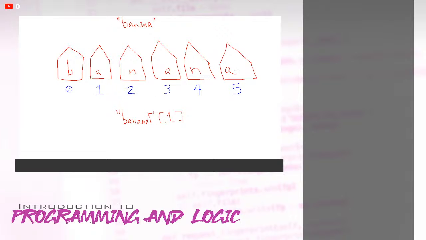Remember that when we're working with a variable, all that's doing is going back to the variable, getting the data out of it, and pulling it back. Right? So when we look at this, we're essentially saying, let's find who lives in house number 1, or the house at the number 1 address, which is here. So if we evaluated this in our program, this would return the letter A. Right? Our number 1 index in the word banana is just the letter A.